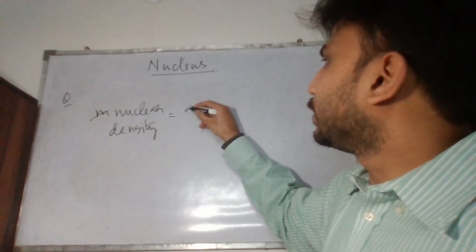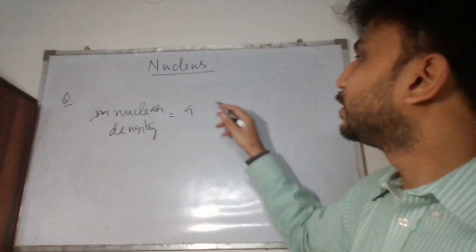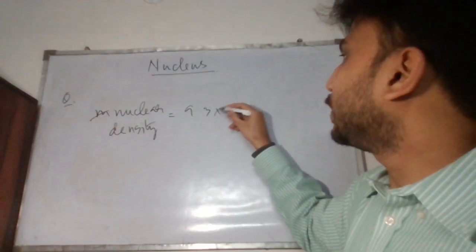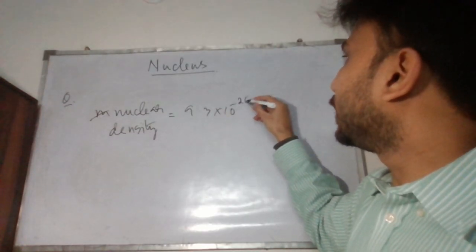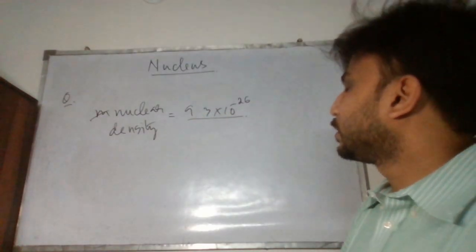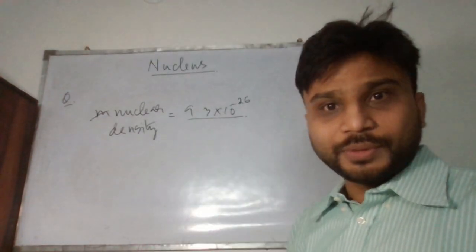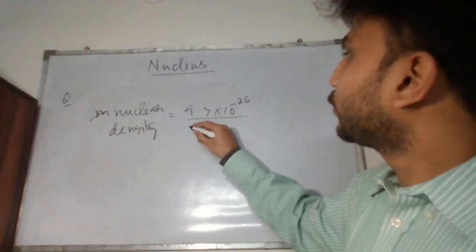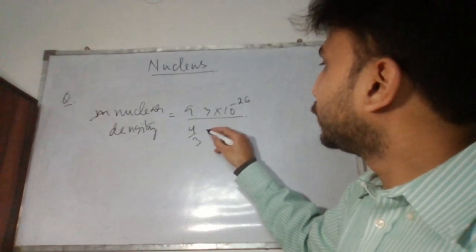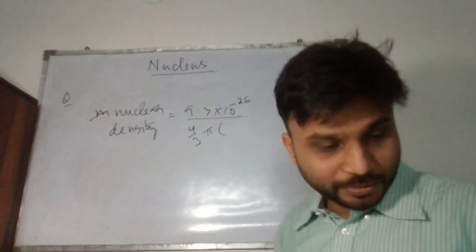It was some 9 point something, 9.3 into 10 to the power minus 26, divided by the volume of a nucleus, 4 by 3 pi r cube.